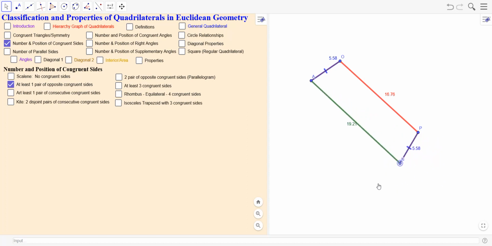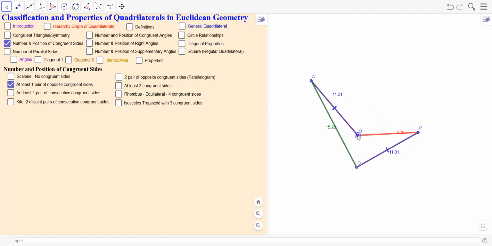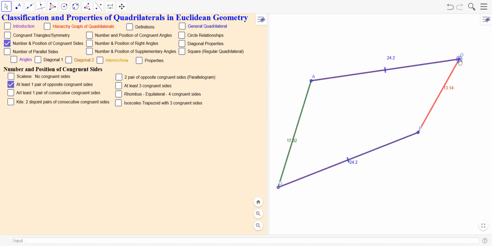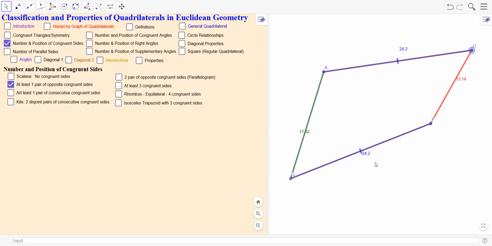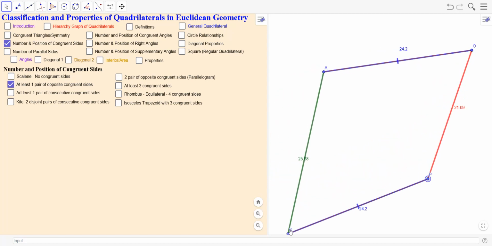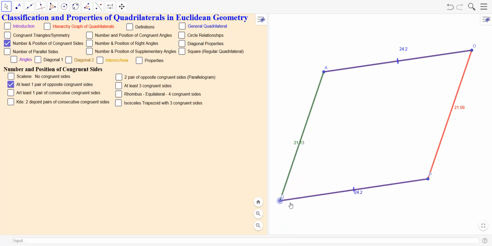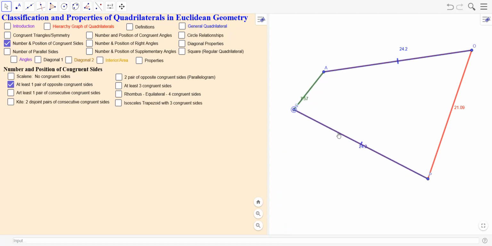But we can definitely make this so that there are no parallel sides, maybe concave like that, maybe convex. This includes somewhere in here where I could adjust it so that we get a parallelogram.